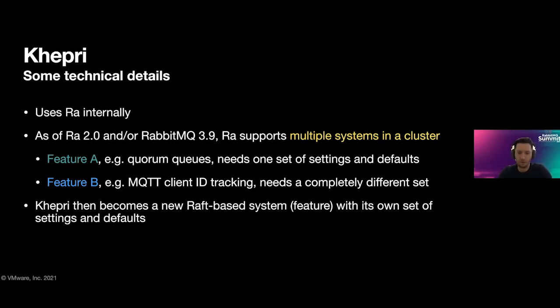And say another feature such as MQTT client ID tracking, which actually has high churn and uses really, really small records, literally less than 100 bytes, I think. It needs a completely different set of settings. You can potentially limit the amount of memory it uses heavily, so it only needs so much to keep so much data in RAM. And you may optimize for, use smaller segments, which means data will be reclaimed on disk faster.